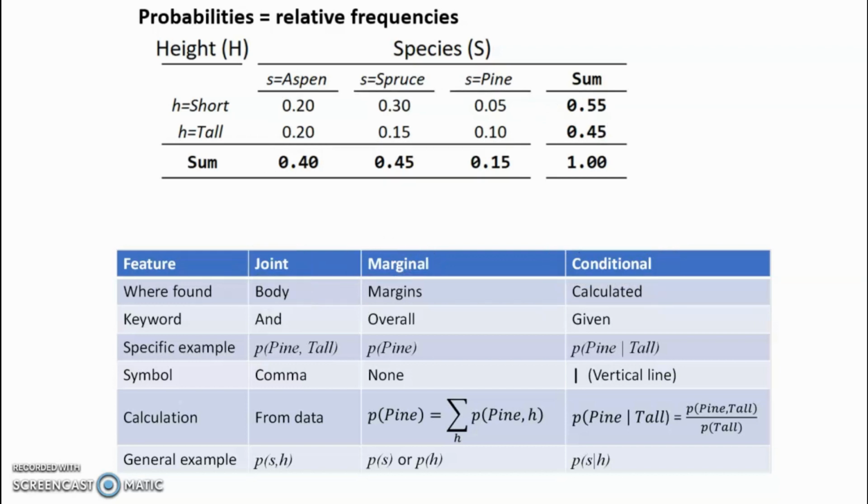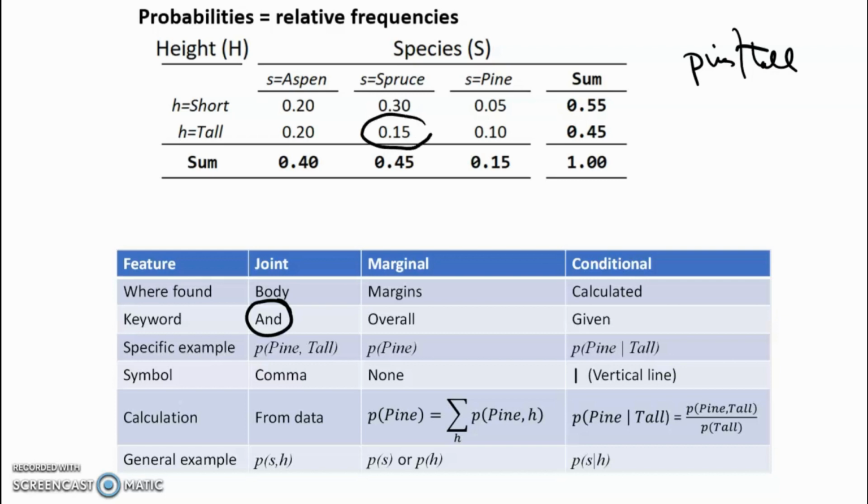You can't see them in the table, but if I want the conditional probability of a tree being a pine, given that it's tall, I take the joint probability that it's pine and tall and divide by the marginal probability that it's tall. In terms of the way we would represent, or the keywords, and.